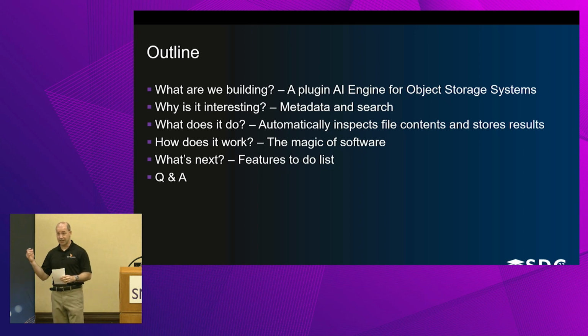It turns out that people are talking about this sort of thing more and more as we look at how data is managed and how to integrate artificial intelligence capabilities into storage systems as a whole. So that's the nature of this. We've built a plug-in AI engine for an object store, and the reasons for that will become apparent as we go through what it all is. That's the high-level outline. I'll take you through the actual details.